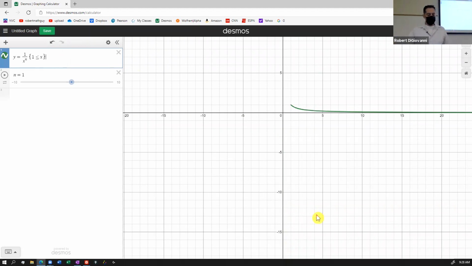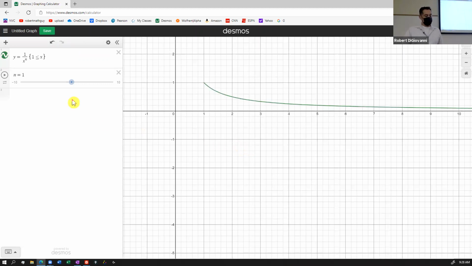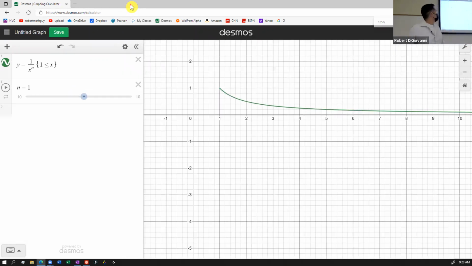So I'm only graphing this function from 1 on, okay? Can y'all see that okay? Let me make this a little bigger. Right now we're doing 1 over x to the n, and n is 1. If we tried to find the area under this, would the answer converge or diverge, if n is 1?